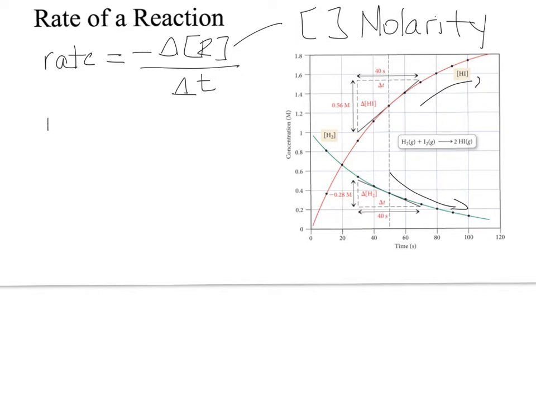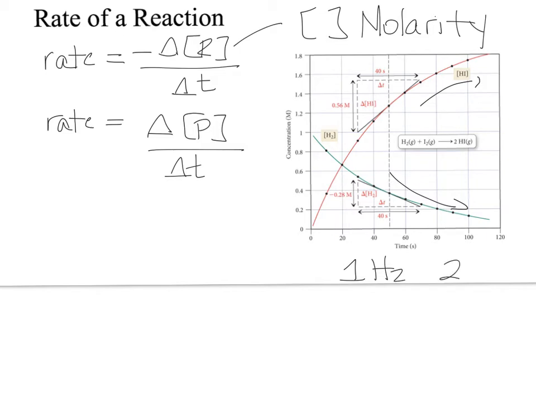We could also write rate in terms of the production of product over the change in time. We also have to include moles in here to represent the relationship. In this case, we have 1 hydrogen for every 2 hydrogen iodide.